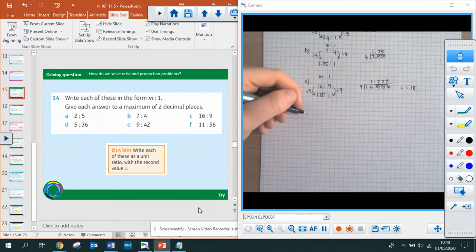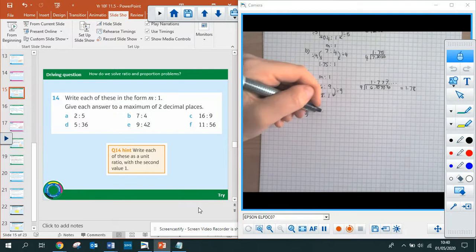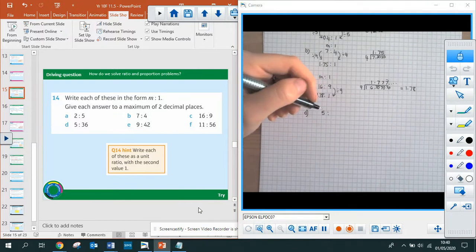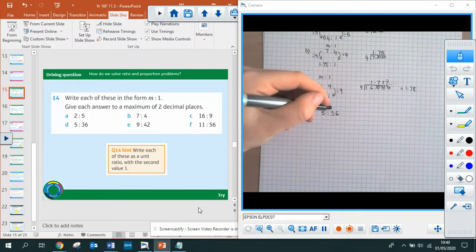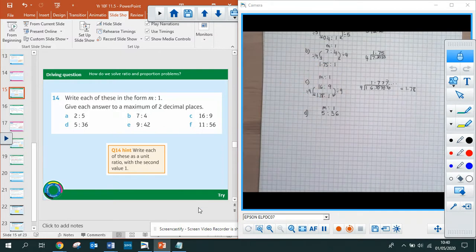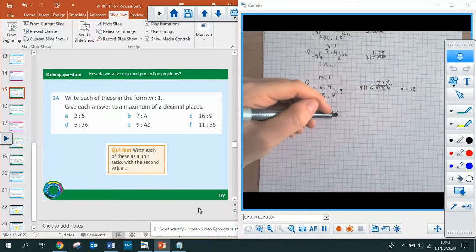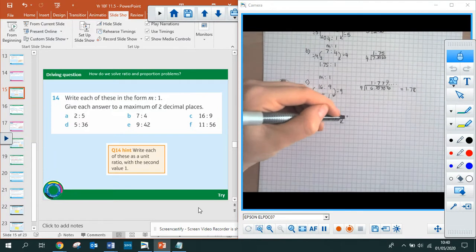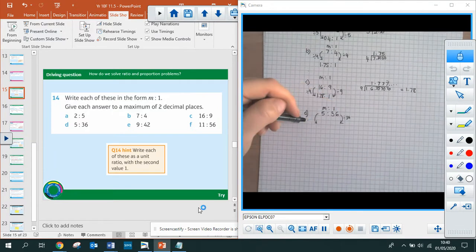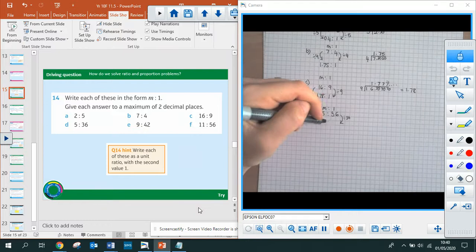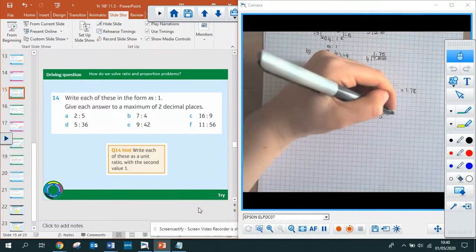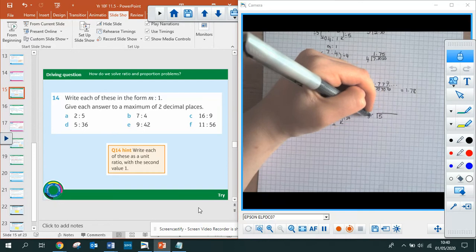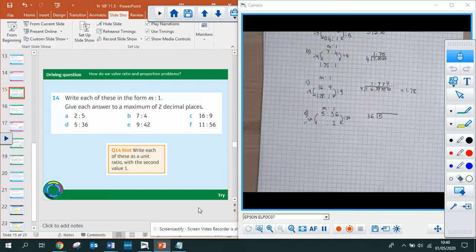Part D, we've got 5 to 36. Remember, it's m to 1, so it's the 36 that's going to be 1, so it's going to be a bit of a strange one. So we need to divide both sides by 36. 36 goes into 36 once, and now we need to work out what is 5 divided by 36, remembering we only need it to 2 decimal places.